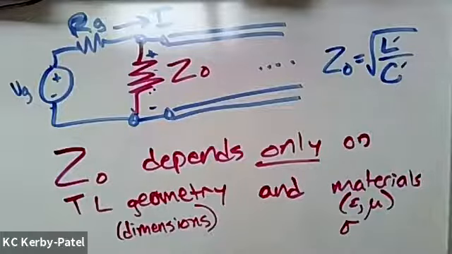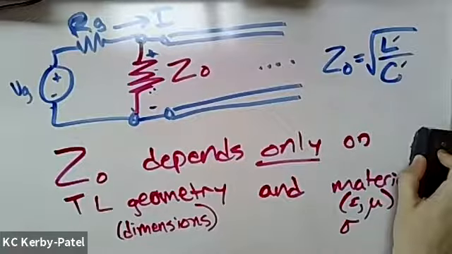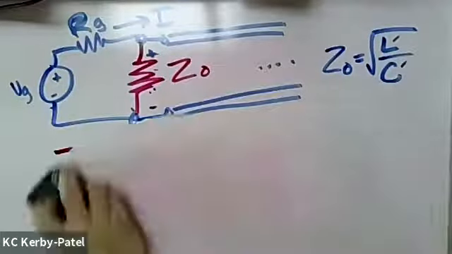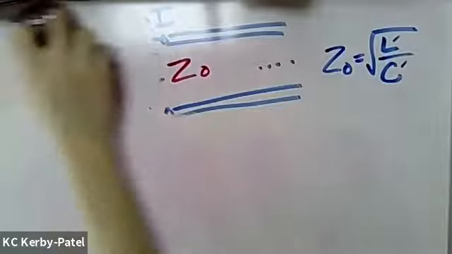All right, so when a wave is propagating down the transmission line, it has this relationship where voltage divided by current is equal to the characteristic impedance.